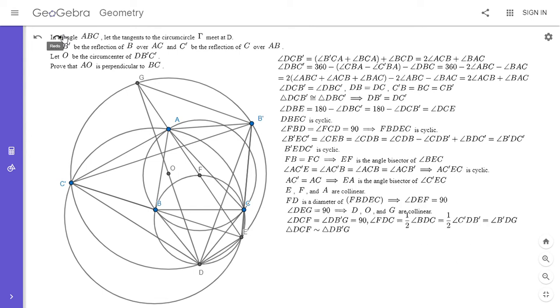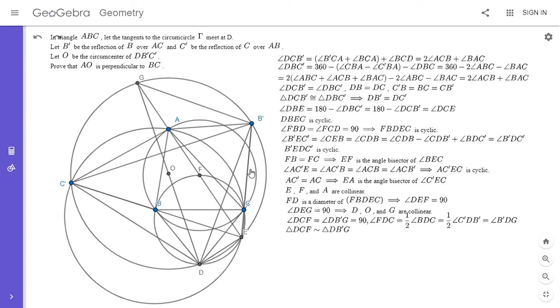Okay, so triangle DCF is similar to triangle DB prime G. So by the gliding principle, that means if we take the midpoint of CB prime and the midpoint of FG, those 2 points, if you connect them along with D, should form a triangle similar to both of those.